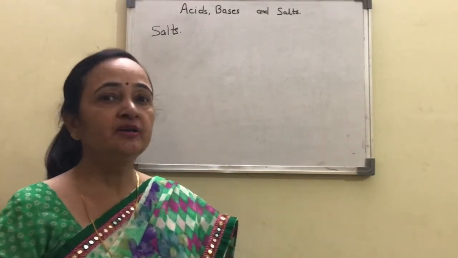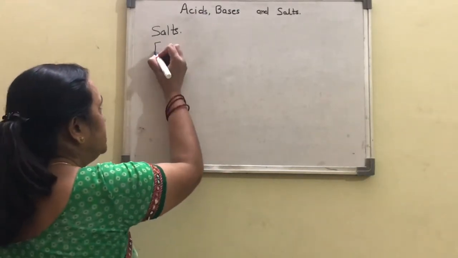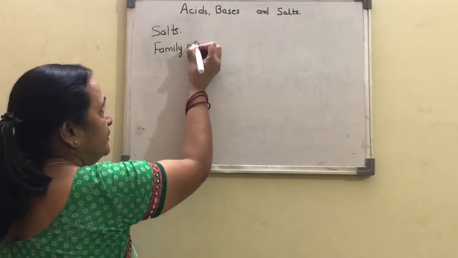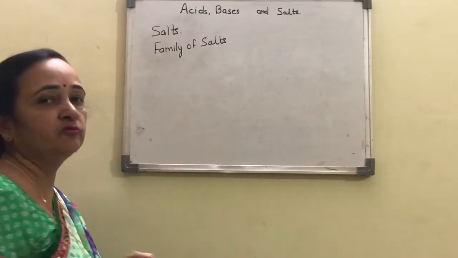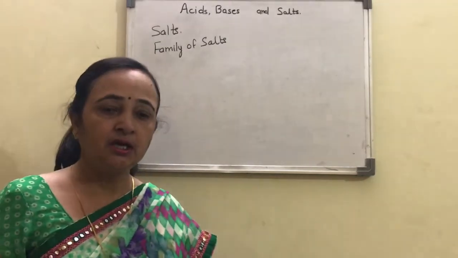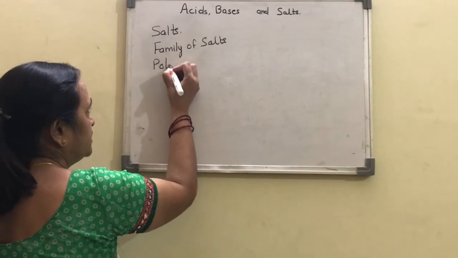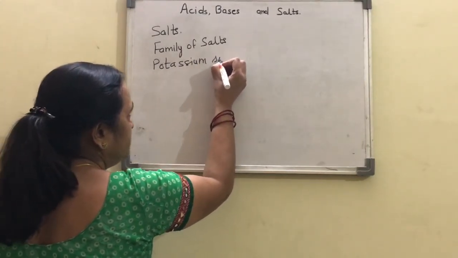Okay. So let's start the first topic, which is family of salts. Okay. Suppose we have given some salts, like potassium sulfate. So what will be the formula for potassium sulfate? Can you tell me?